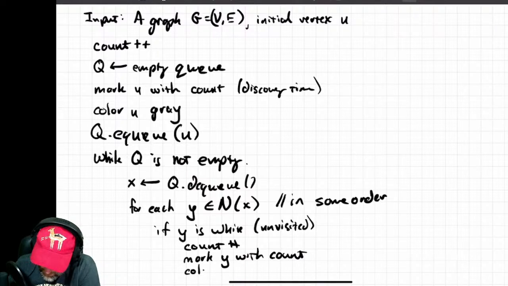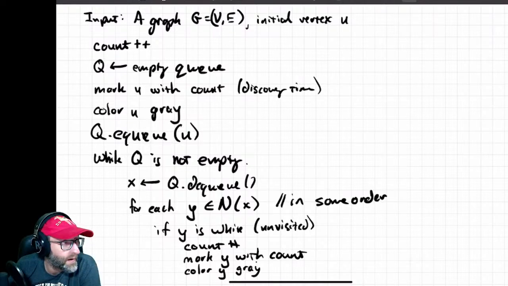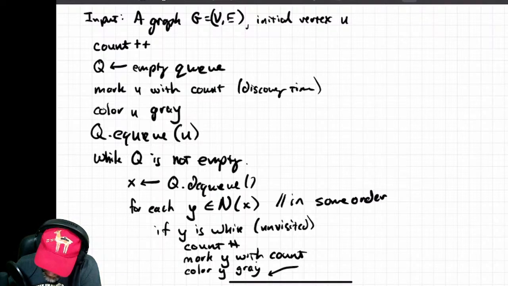I will color Y, excuse me, gray. And then finally, I'm running out of room here, so I will go with Q.enqueue Y. There we go.